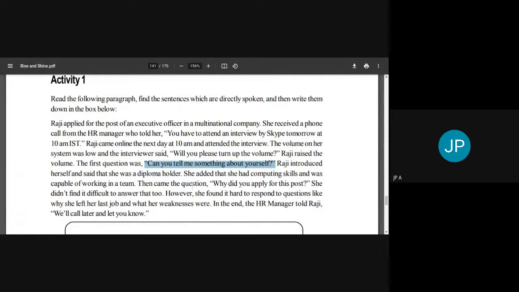Then the next directly spoken sentence is this one. Why did you apply for this post? And the final sentence of the paragraph is also directly spoken.